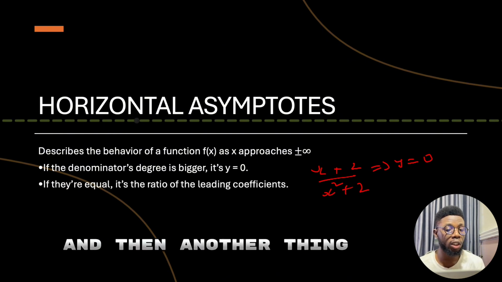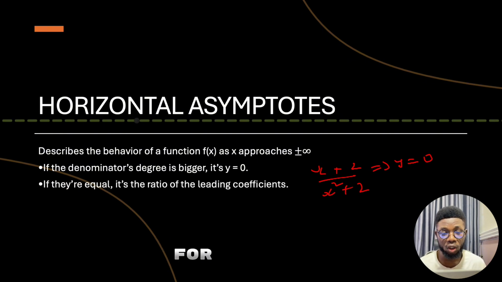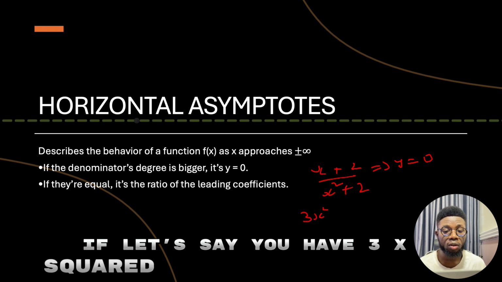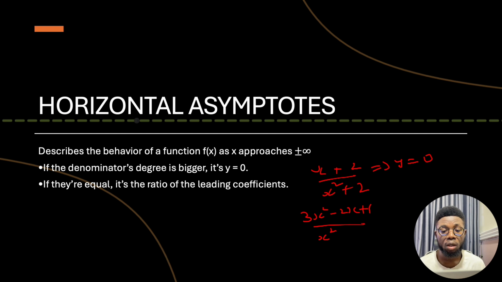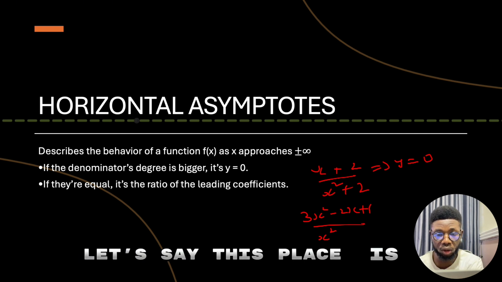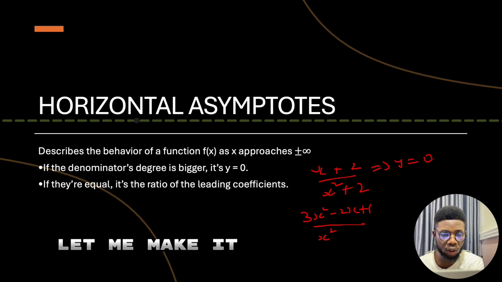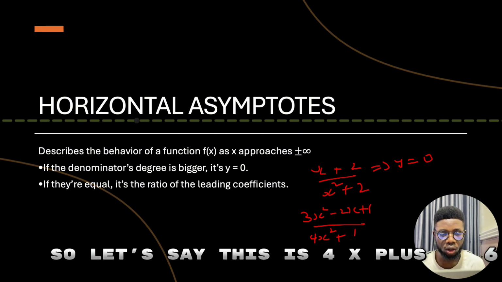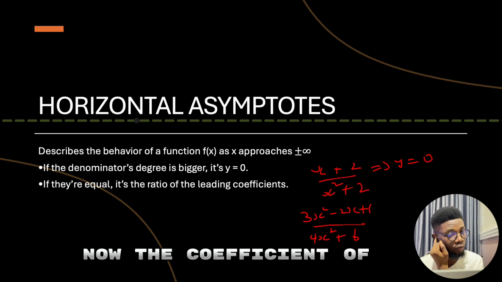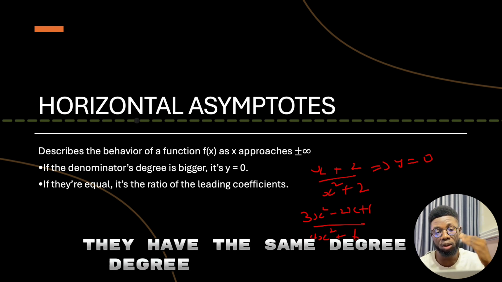And then another case is if they have equal degrees. For instance, let's say you have 3x squared minus 2x plus 1, and you have x squared, let me make it something like 4x squared plus 4x plus 6. Now, they have the same degree, 2 and 2.